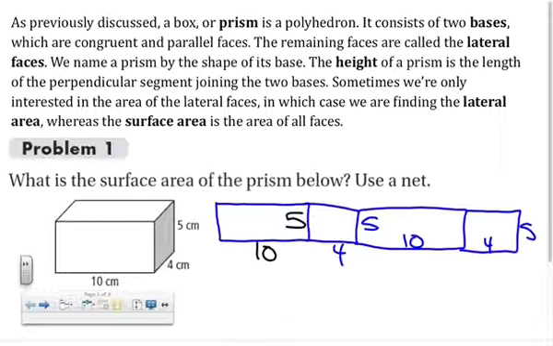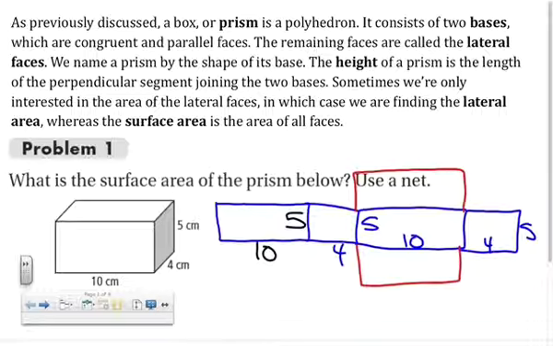Okay, so I've unraveled the lateral faces, and I'm just going to flip open the top above it and the bottom below it. Once again, on your notes, if you sketch the net differently, you're probably just fine.